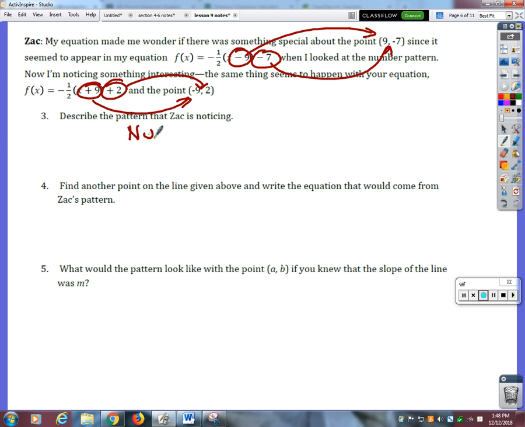The number in parentheses is opposite of x.